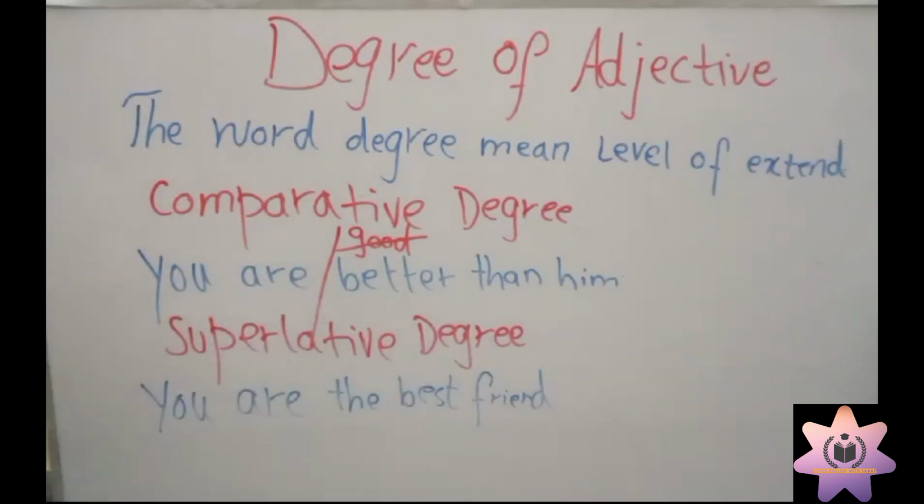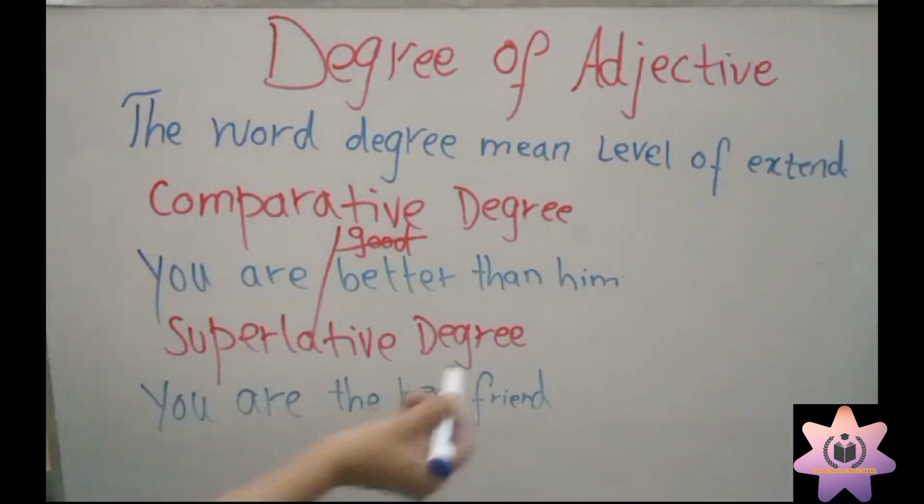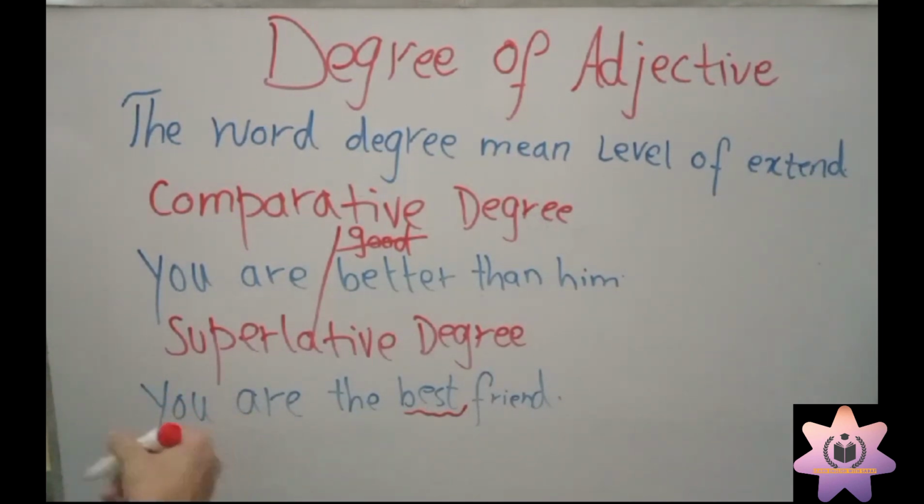This is called superlative degree. We will use best. We will not use good: you are the good friend. You are a better friend. No, the suitable word is: you are the best friend.